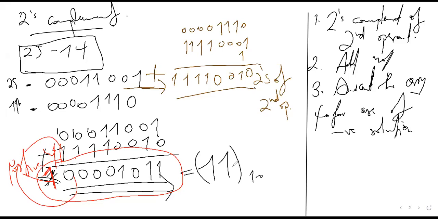To summarize what we did today, we introduced signed numbers. Signed numbers, by signed we mean positive and negative. We added those numbers, we subtracted, we multiplied.